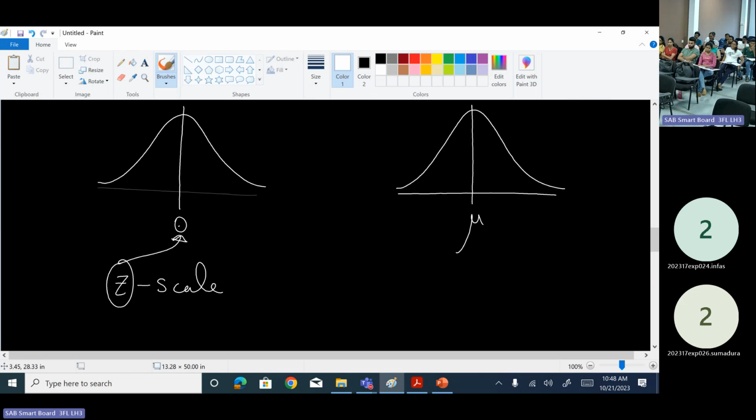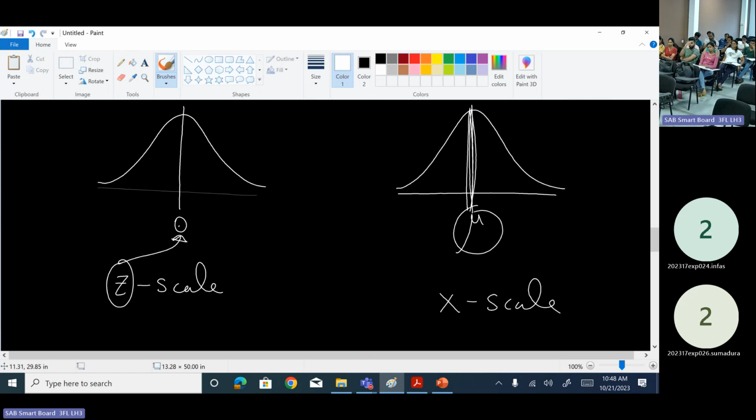If you draw the same structure and write the X variable's mean value in the middle, then it becomes the X scale. That's the difference. Same structure: Z variable's mean value in the middle is the Z scale structure, and X variable's mean value in the middle is the X scale structure.